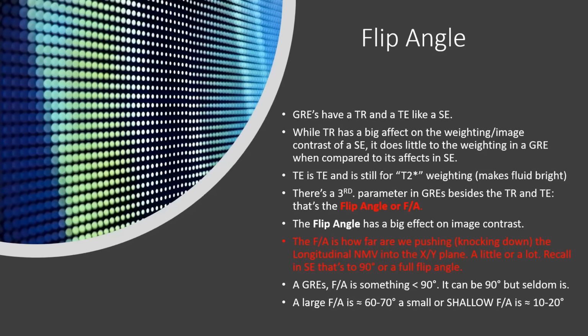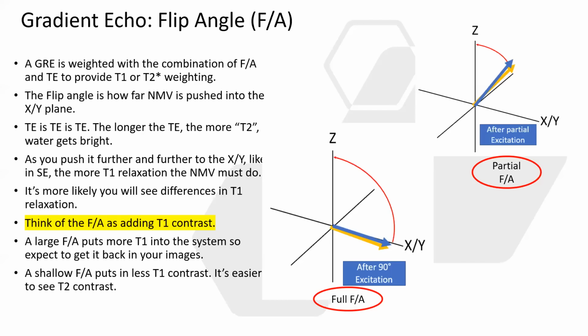So in gradient echoes, the flip angle is usually something less than 90. It's seldom that high, but it can be if you really wanted to. So a big flip angle in gradient echo land is 60 to 70 degrees, and shallow is in the 10 to 20 degrees. So what does that mean? Here's a visual on a full flip angle, down the bottom in the middle.